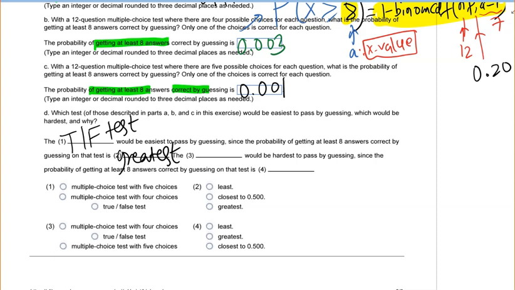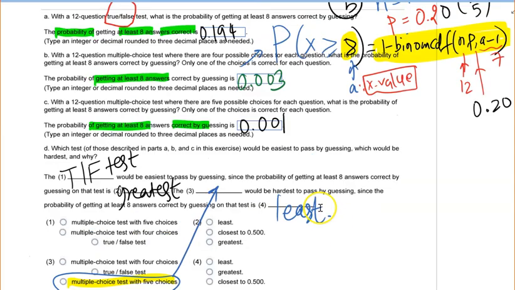And the multiple choice test with the 5 choices, not the 4, is the hardest, because the probability of getting at least 8 answers correct by guessing on that test is least. Right? That's the question number 5.